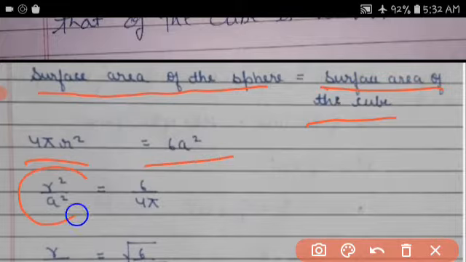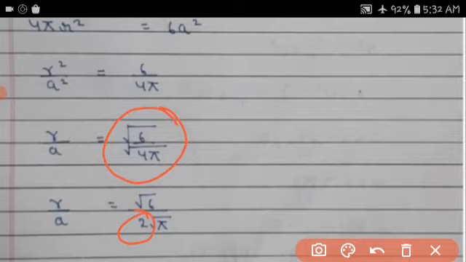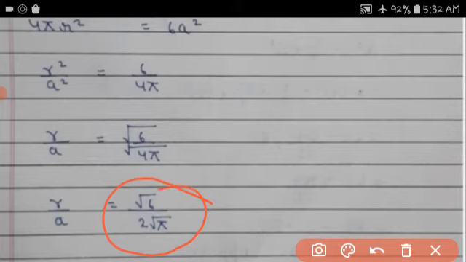Now r square upon a square is 6 upon 4 pi. Now r upon a is equal to root 6 upon root 4 pi. The value of root 4 is 2. Now r upon a is equal to root 6 upon 2 root pi.